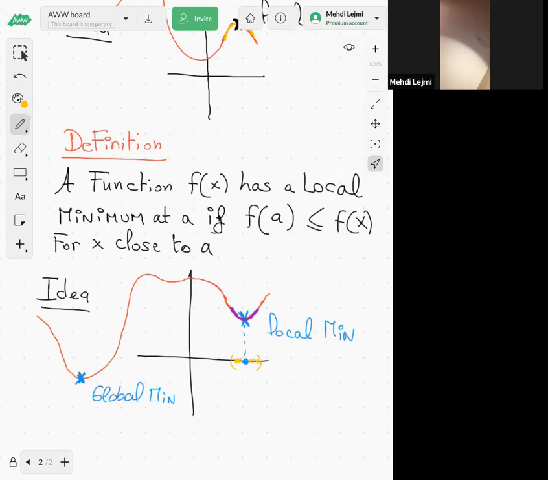So again, whenever you have a parabola which opens up, the vertex would be the local minimum. Any question, guys? So you see the difference between the global minimum and local minimum, right?